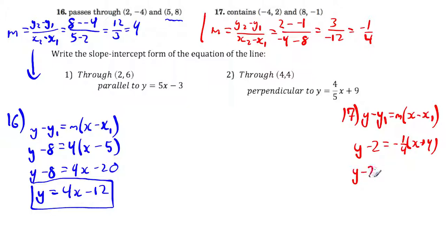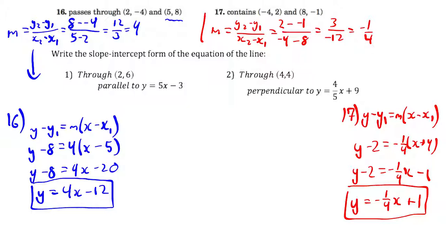So I get y minus 2 is equal to negative 1/4 x minus 1. And then if I add 2 to both sides, I get y is equal to negative 1/4 x plus 1. So that's those, and kind of ran out of space there. Should have spaced this out a little bit better.